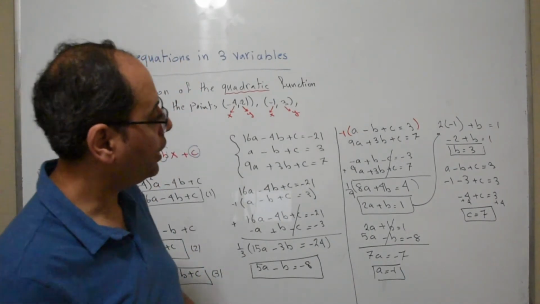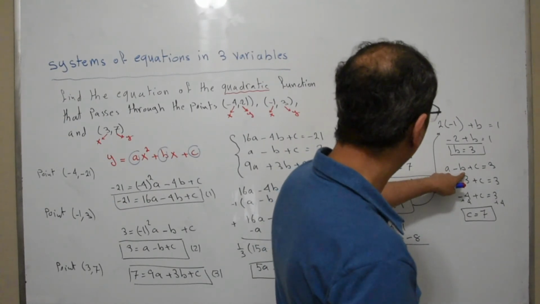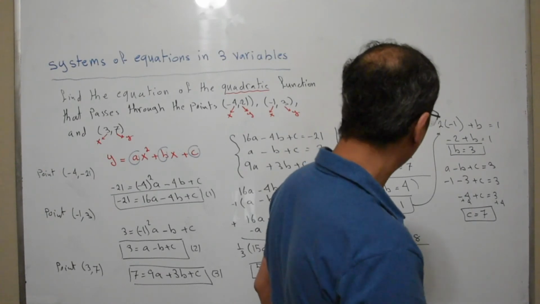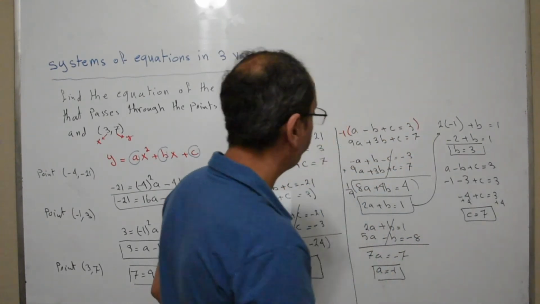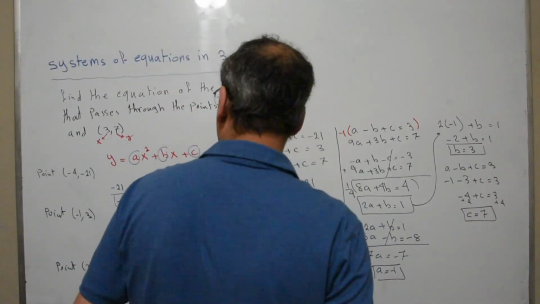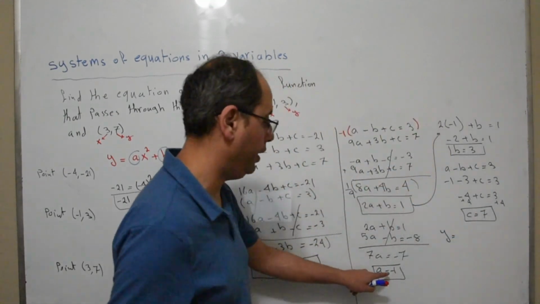Okay, let's check. 7, and then 3 is 10. Alright, well, looks good to me. Alright, so let's write the solution of the system of equations. So y equals, what is the value of a?